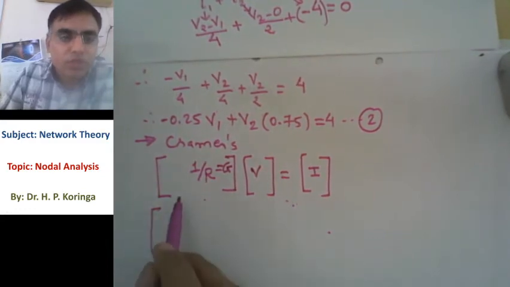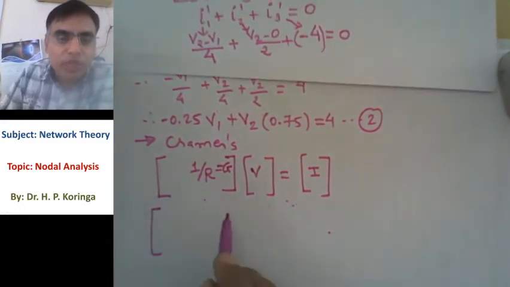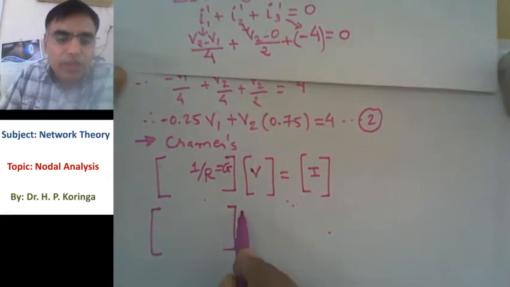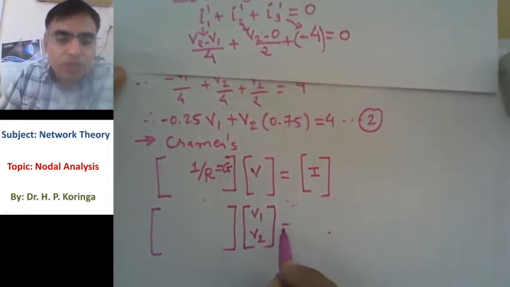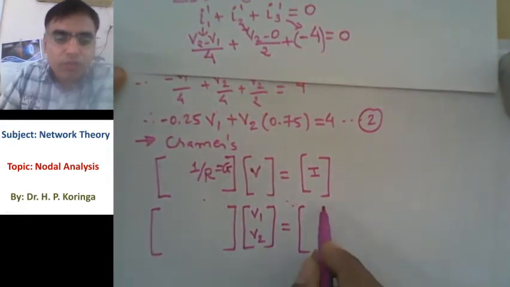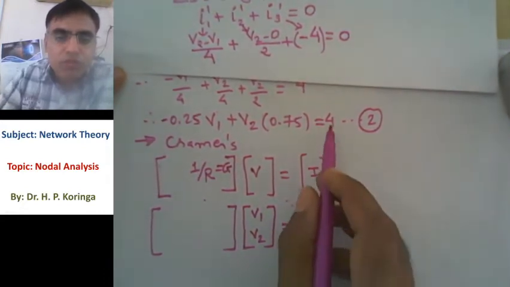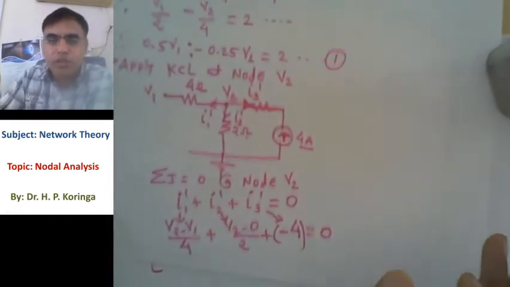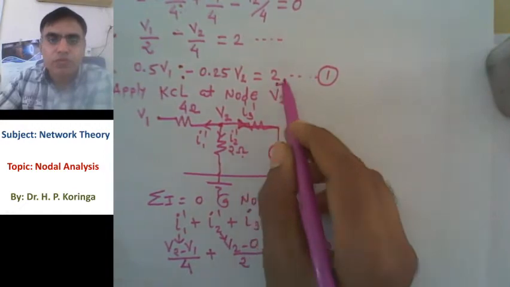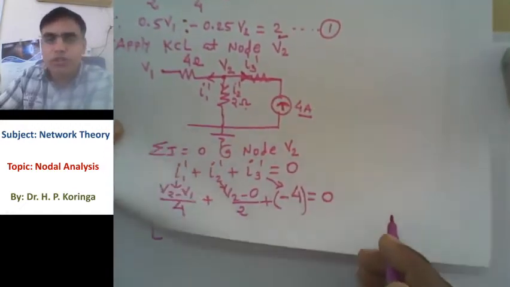From both equations, the unknowns are V1 and V2, and then the constants from both equations. The constant from the first equation is 2, and the constant from the second equation is 4, right?